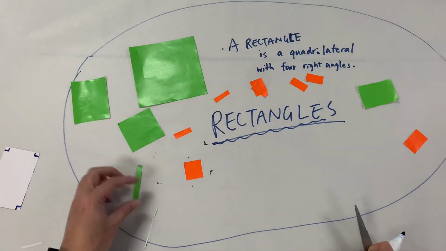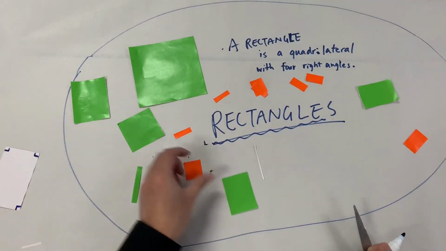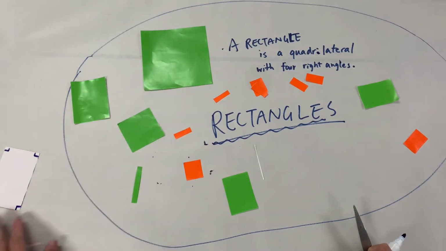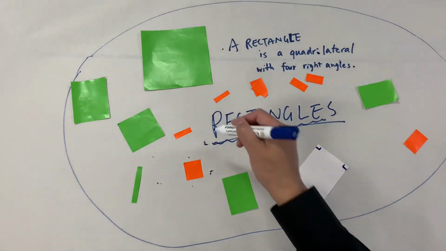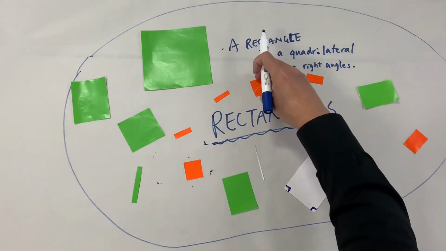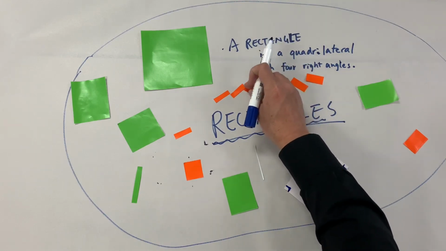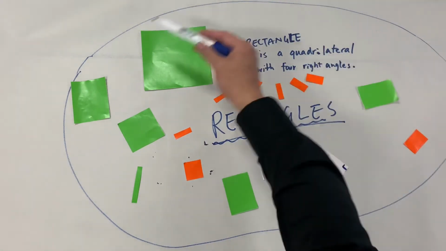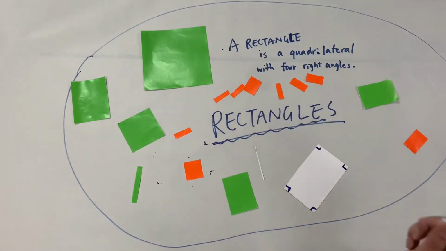This is a rectangle, this is different rectangle, it's very skinny, but also square is in the family as well. So last task, can you draw or can you make some rectangles so I can add more in this family circle? Good luck.